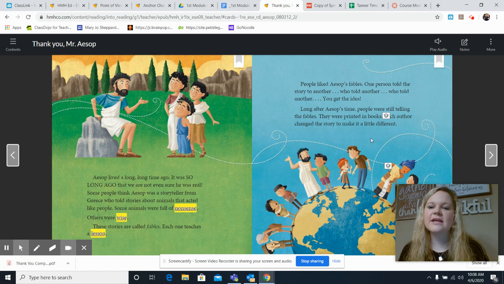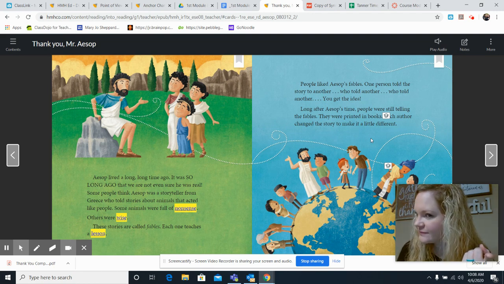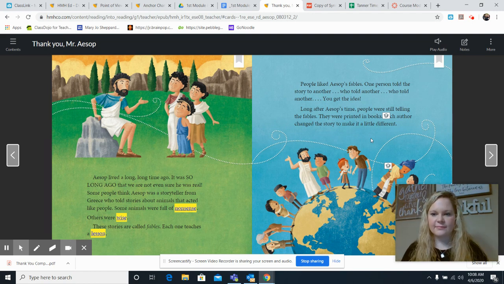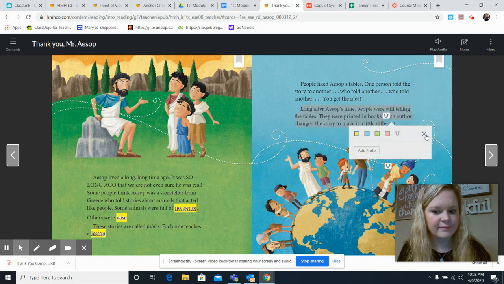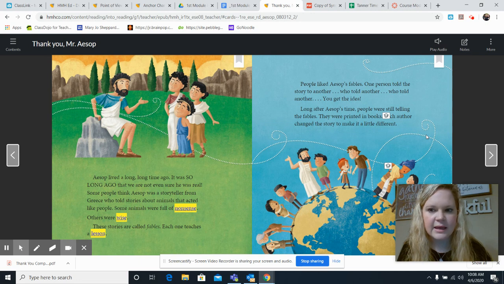Long after Aesop's time, people were still telling the fables. They were printed in books. And just so you guys know, this word under this is each. I don't know why it won't go away. Each author changed the story to make it a little different.